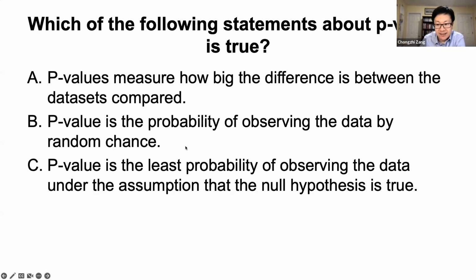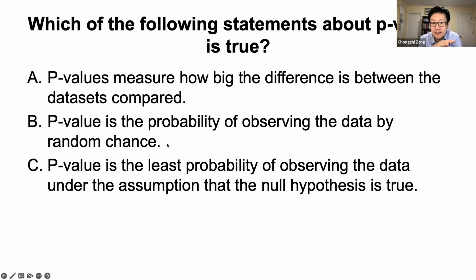But random chance is not necessarily true. What if the null hypothesis is not random? Say even from a t-test, if we compare the sample means between the two samples, they're not random. The p-value does not have anything to do with so-called random.